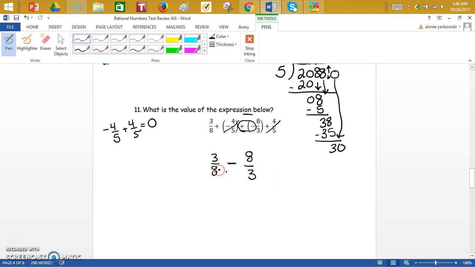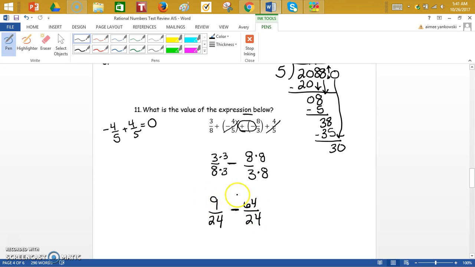So I'll multiply numerator and denominator of this one by 3. Numerator and denominator of this one by 8. That way our denominator is a 24. 3 times 3, this is 9 24ths minus 8 times 8 is 64 24ths.